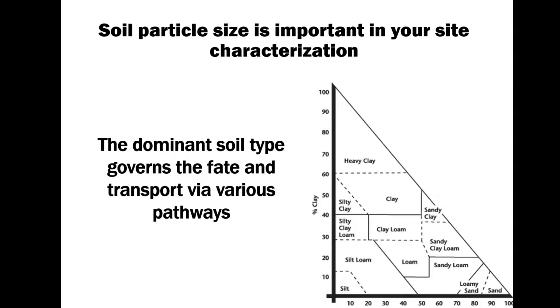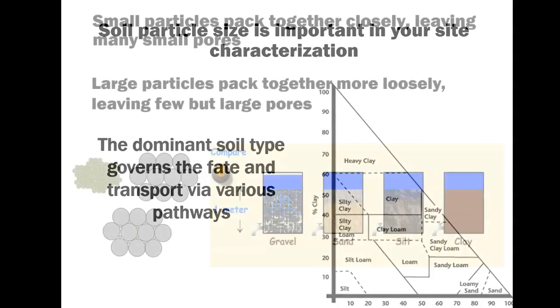At the same time, a thin layer of, say, fine-grained soil in the unsaturated zone may be a more significant control on the migration of vapors than a thicker layer of coarse-grained soil. In this kind of exercise, use your professional judgment to help you establish the dominant soil type.